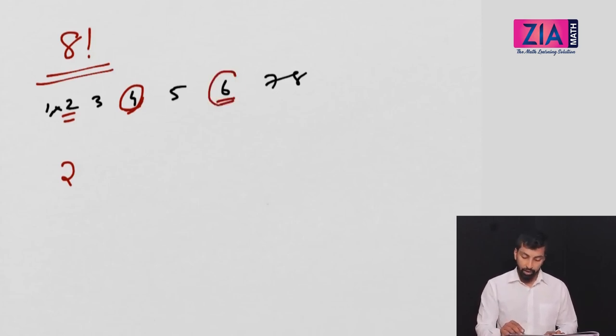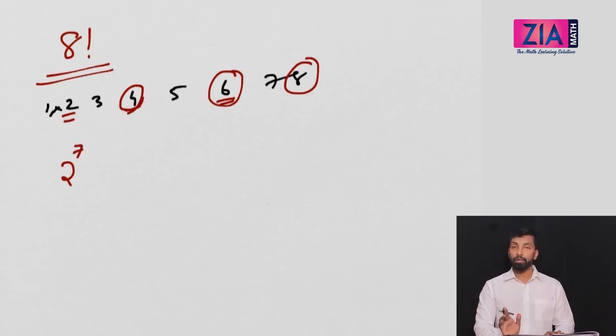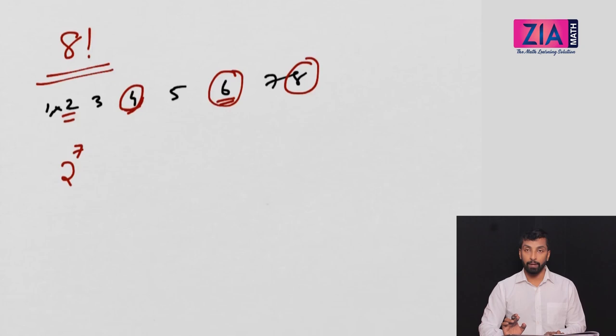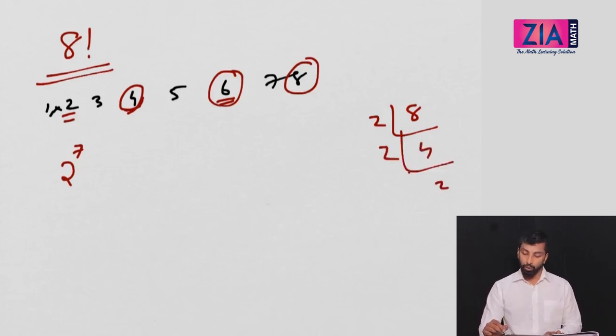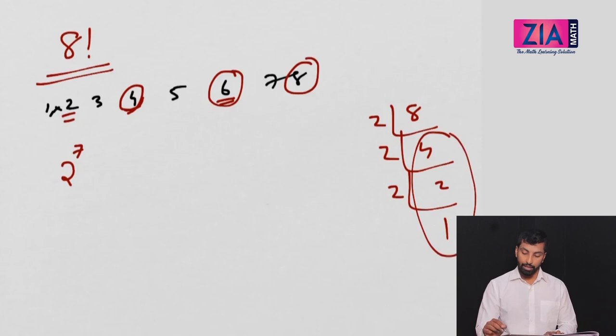Then again 1 two here, so 4 twos. Here you have 3 twos, since 8 is 2 cube. So this becomes 2 raised to 7. You got 7 twos from this totally. I hope this is clear for you. And how are you getting that? It's actually 8 divided by 2, you get 4, divide by 2 again, you get 2, divide by 2 again, 1. So this is actually 7.